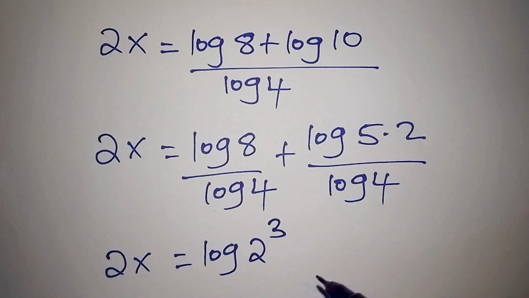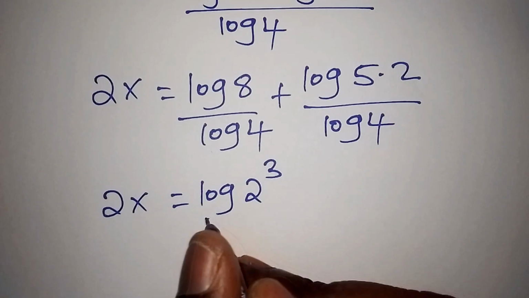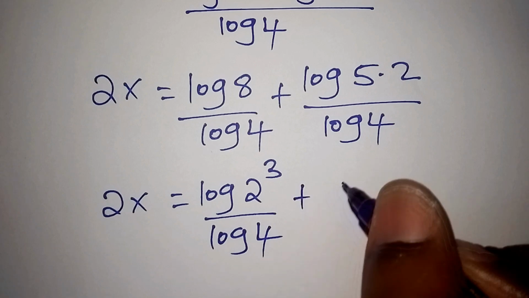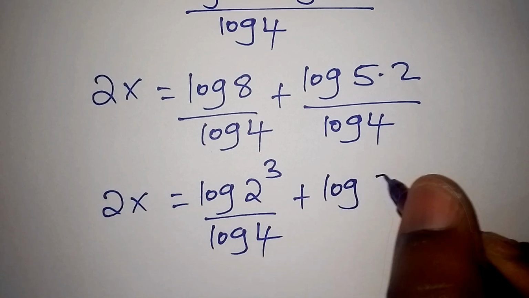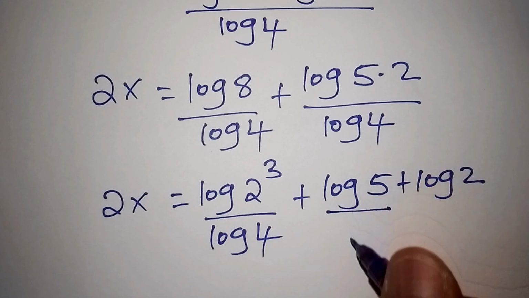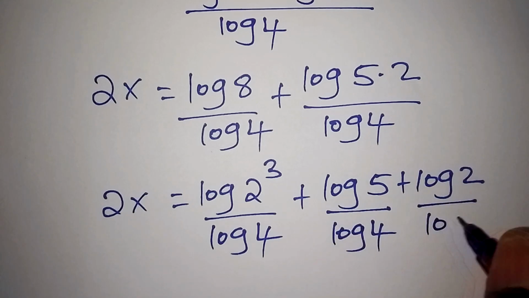That is 2 multiplied by 2 is 4, and 4 by 2 is 8. Then all over the log of 4, then plus the log of 5, then plus the log of 2, each divided by the log of 4.